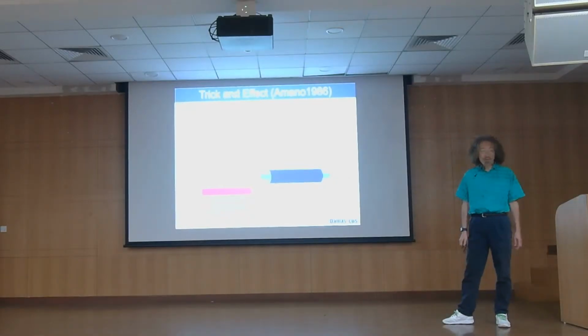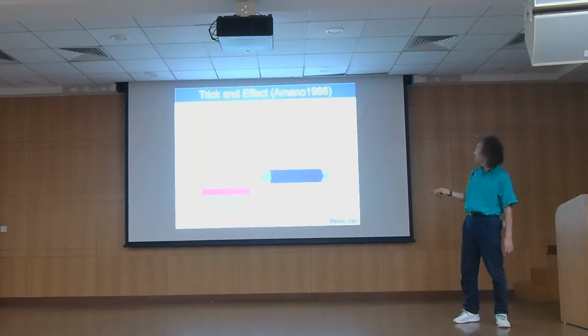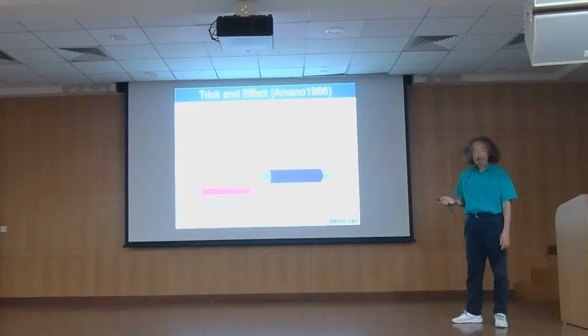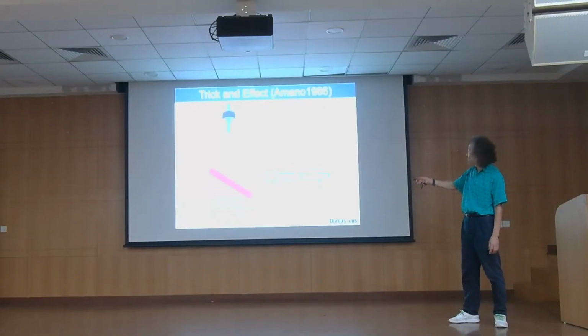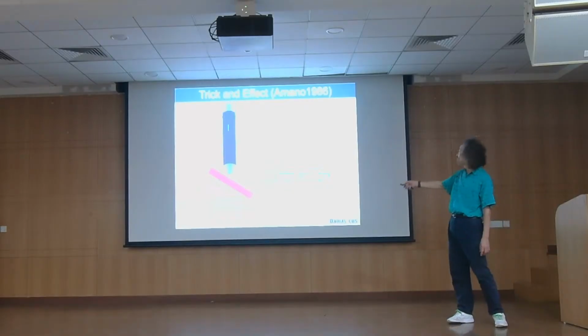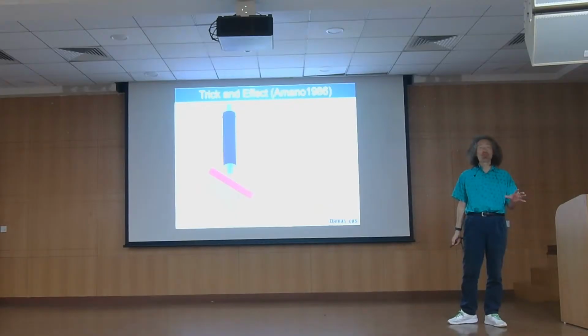Professor Amano, one of those three people, came up and proposed a new trick with an effect. In his case, he introduced a delivery tube, a long tube to carry the reactant gas to a close vicinity of the sapphire substrate so that there will be no diffusion.